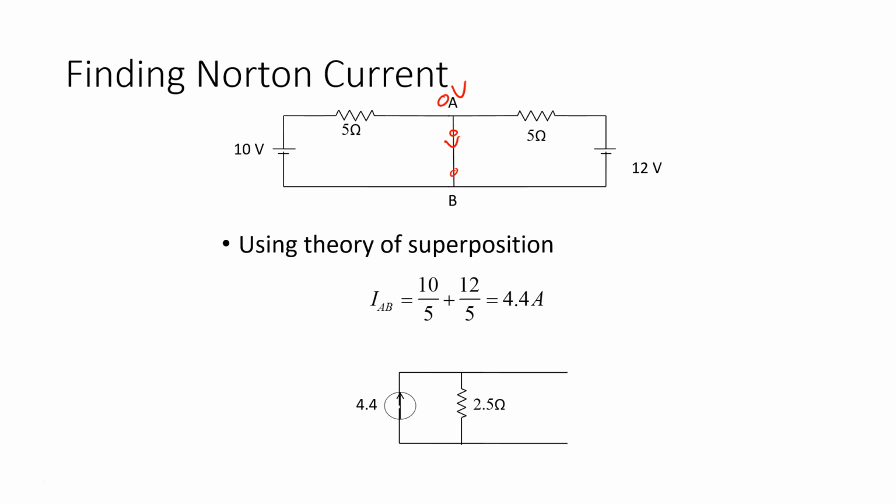The current going down here is 10 over 5, which is 2 amps this way, plus 12 over 5, which is 2.4 amps this way. So they add up and give me 4.4 amps into the short circuit. Now I can draw my Norton equivalent with 4.4 amps and 2.5 ohms, and that is how we form the Norton equivalent.